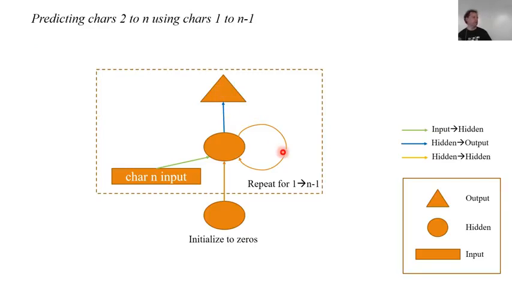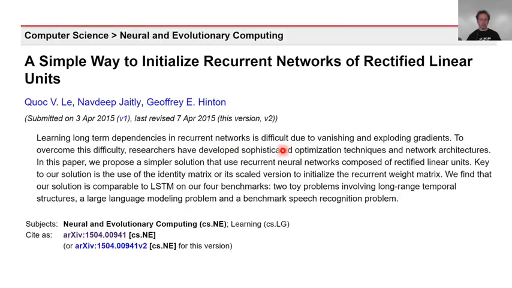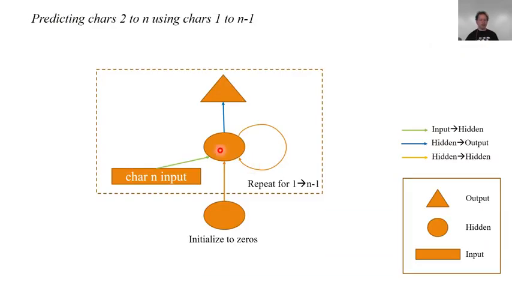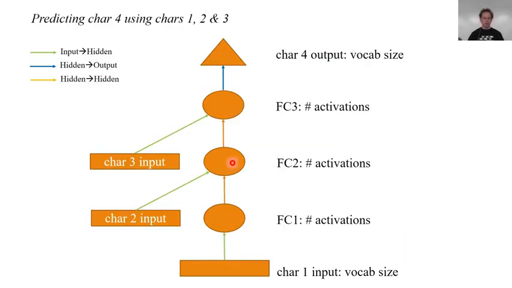That's a big difference, because now I'm saying spit out an output after every one of these circles. So spit out an output here, and here, and here. In other words, if I have a 3-character input, I'm going to spit out a 3-character output. After character 1, this will be next. After character 2, this will be next. After character 3, this will be next.